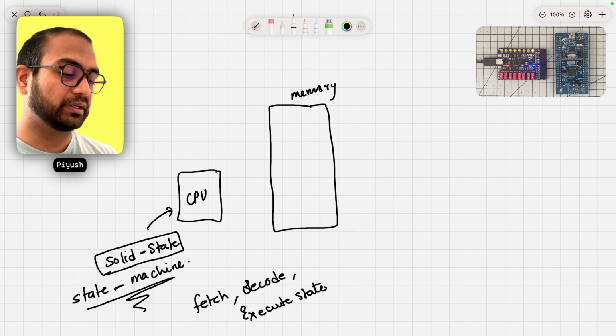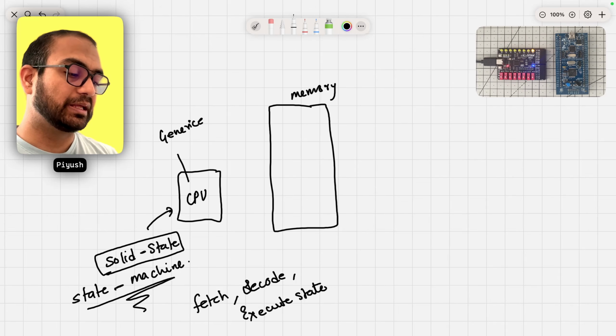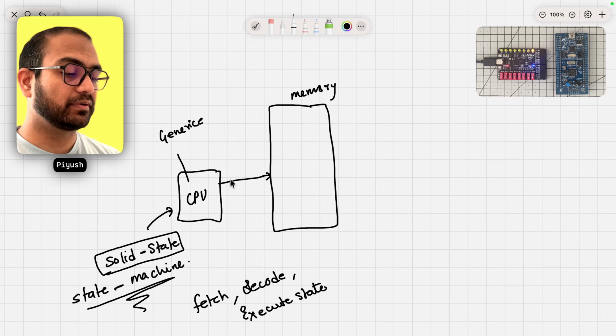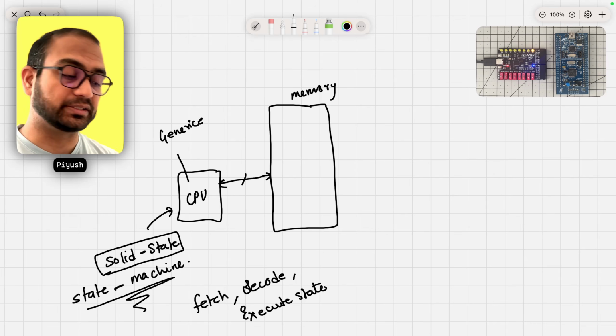It means the following, that a CPU is a generic machine that can fetch, so it has internal circuits that can present an address to the address bus wires essentially.